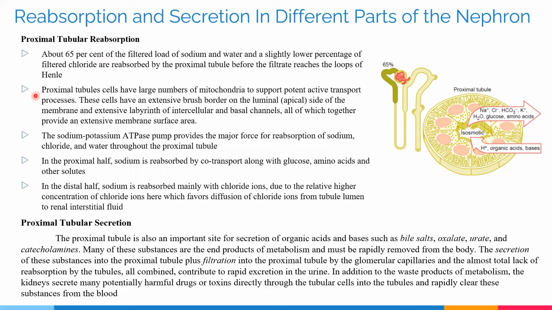The proximal tubule cells have a large number of mitochondria to support potent active transport processes. These cells have an extensive brush border on the luminal or apical side of the membrane, that is the side that faces towards the renal tubule itself, and an extensive labyrinth of intercellular and basal channels, all of which together provide an extensive membrane surface area.